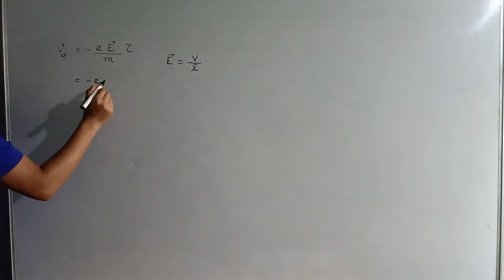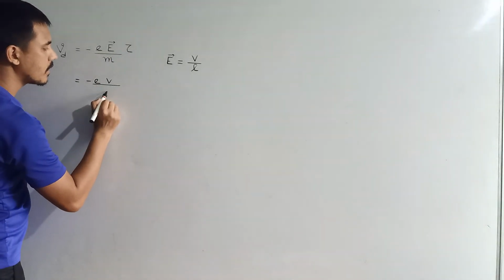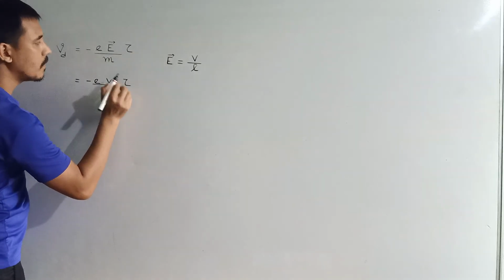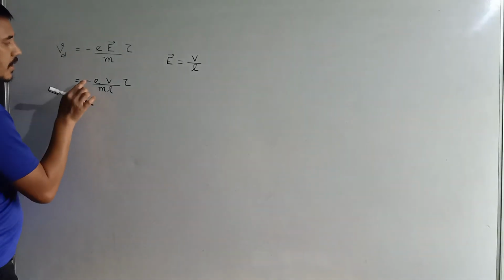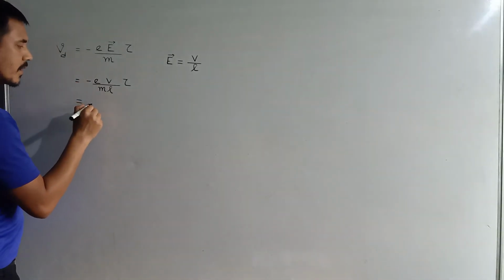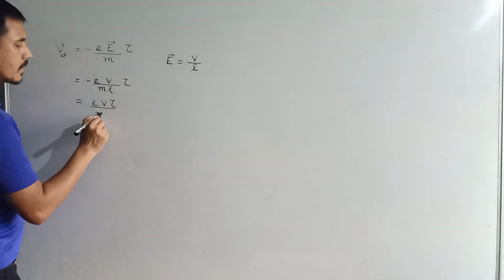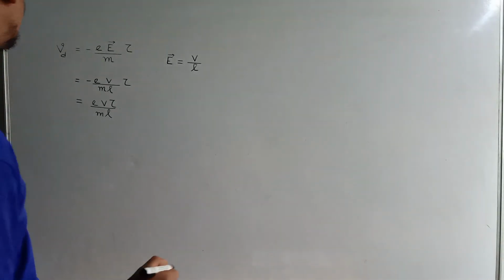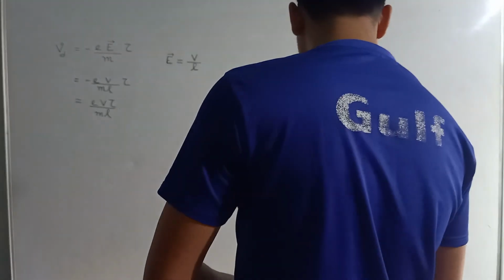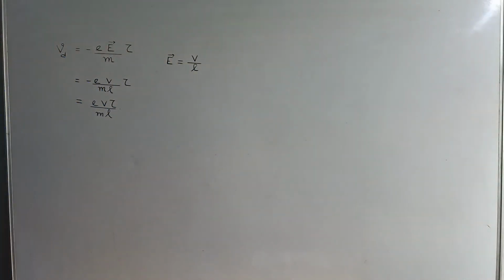In that case, your relation will become electric field E means V upon L, into tau upon m. If we consider only the magnitude, then instead of minus e, we'll be writing only e, and then e V tau upon m L. So this was the expression of the drift velocity which we have discussed in the part 1 video of this chapter. Is it okay? Yes.